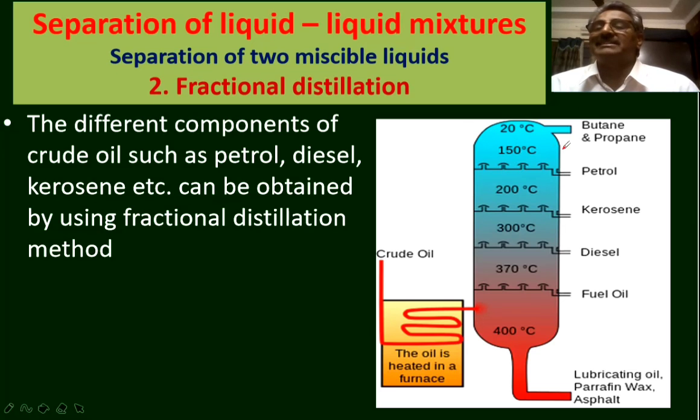At high pressure, these gases change to liquid state. We call it liquefied petroleum gas. In this way, the fractional distillation method is used in separating the various components of petroleum.